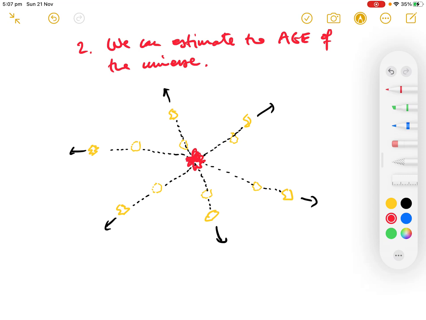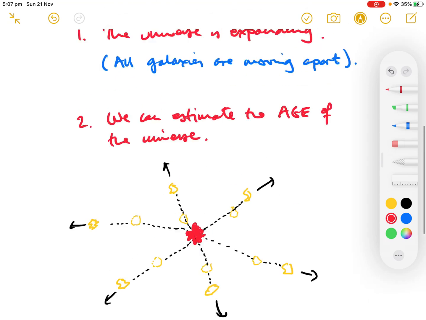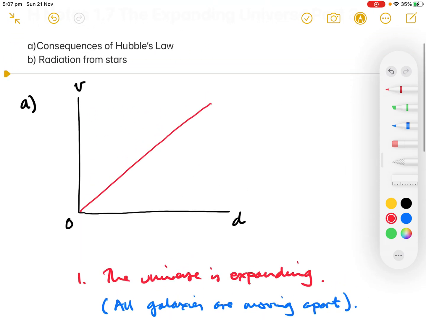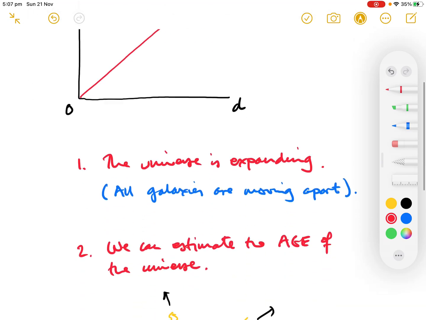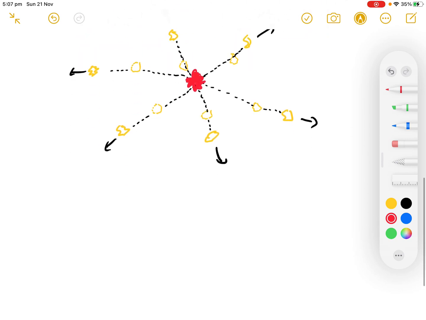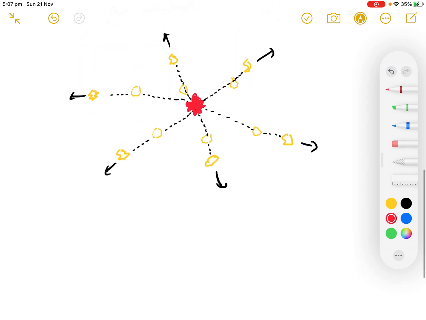This red blob that I've got there. So they all must have come from the same point at some point in the very distant past. Now, because Hubble knew how fast galaxies were moving with distance, he could gradually imagine how long that process took using his data. And we reckon it takes about 13.8 billion years.